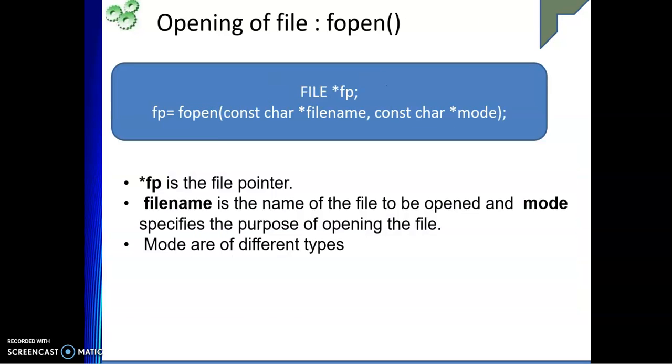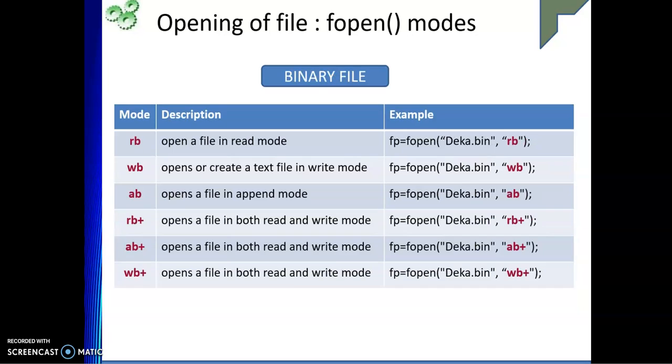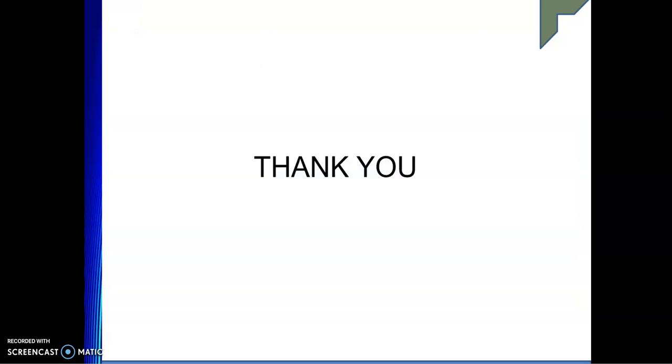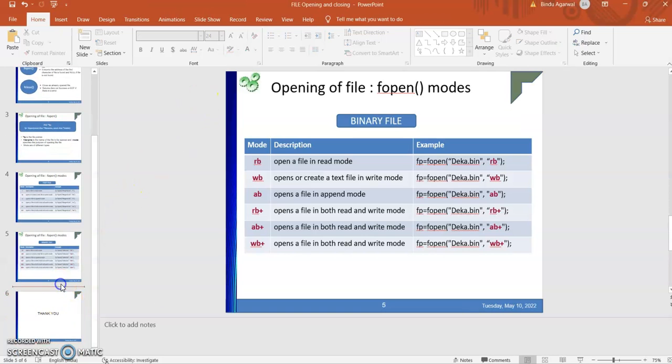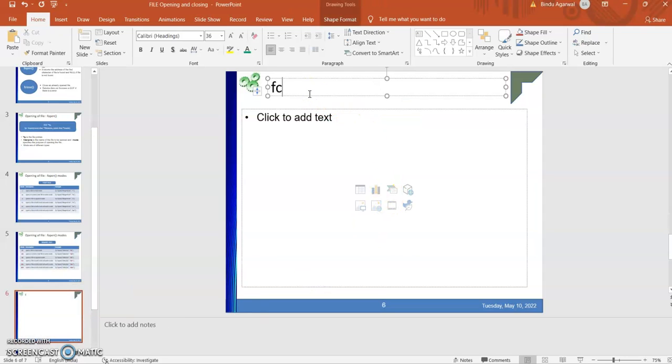Now, what will be the argument for fclose? Simply, if you want to close a particular file, fclose. So I will just add it here, the fclose function, for closing a file.